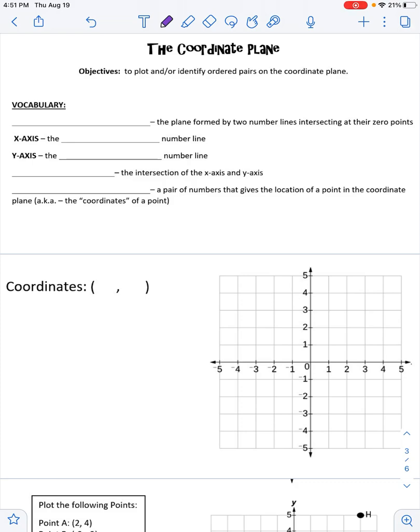So we have some vocabulary words that we need to go over. First one, it says blank is the plane formed by two number lines intersecting at their 0 points. This is known as the coordinate plane. Okay, the x-axis is the horizontal number line.